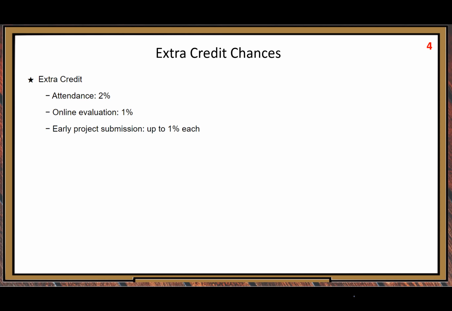Then online evaluation. Near the end of the semester, if you do the online evaluation, you can earn another 1% extra credit. Early project submission, up to 1%. How early? 1 week early. I give a deadline, but I encourage you to do it as early as possible.